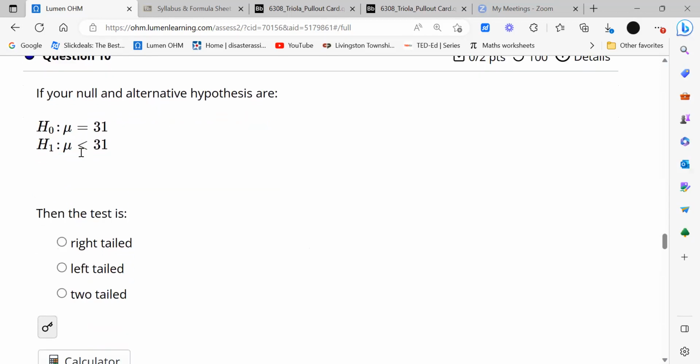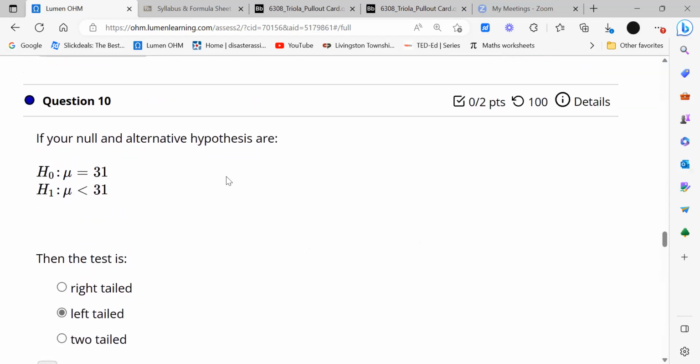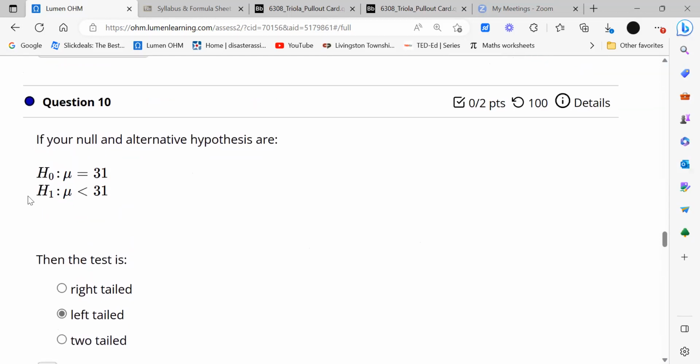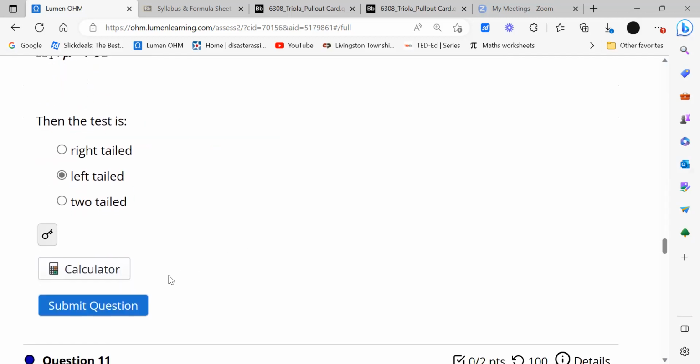If it's less than, it's left tail. If it's greater than, right tail. If it's not equal to, two tails. So there are three different types of tests, and it all depends on the alternative hypothesis. In this case, it's less than, so it's a left tail test.